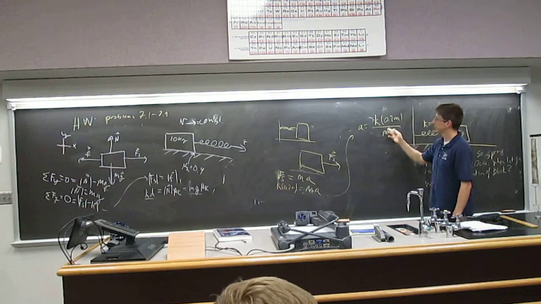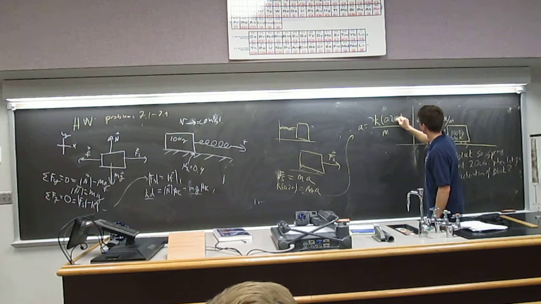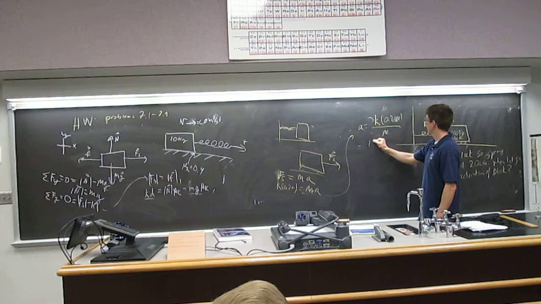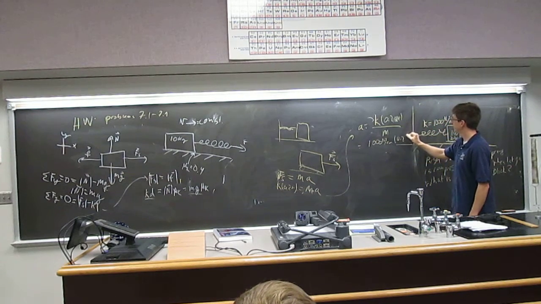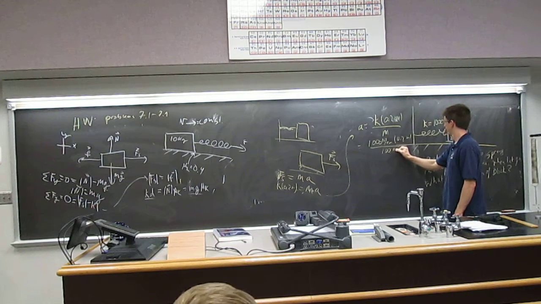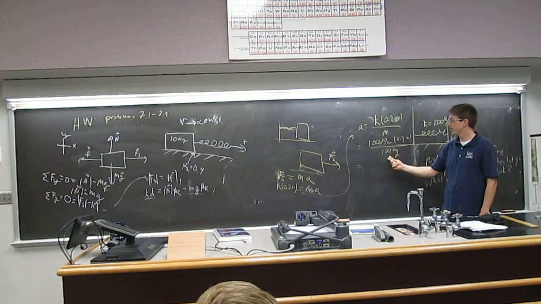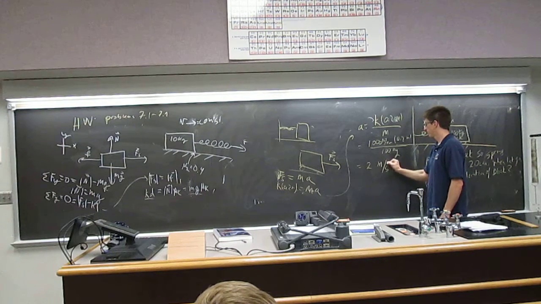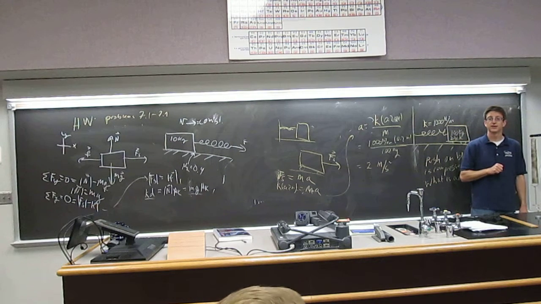This isn't a meter, so don't get confused. Plugging in numbers, I'd get 1,000 newtons per meter, 0.2 meters over 100 kilograms. So this would be 200 up here divided by 100. So that's 2 meters per second squared. Did everyone get it? Yeah.